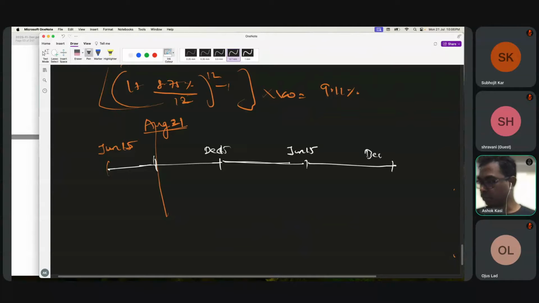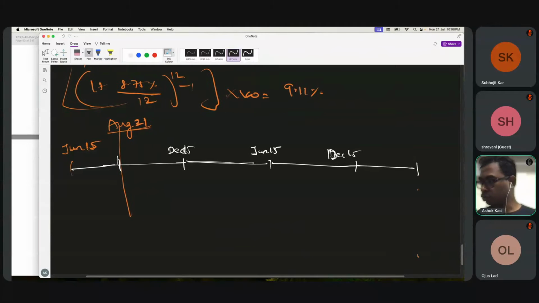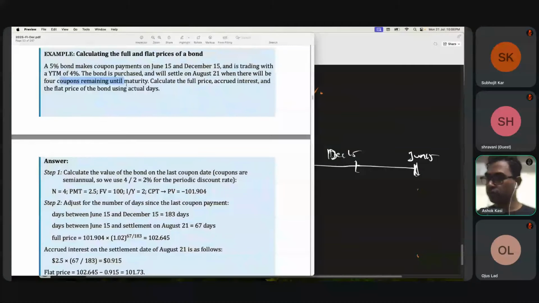Then December 15. And then June 15. So 4 coupons remaining. 1, 2, 3, 4. So don't keep in your mind that only December 15 has to be the ending date. 4 coupons remaining until maturity.